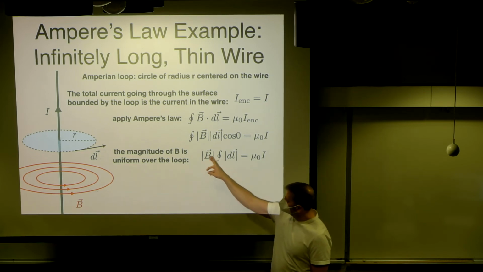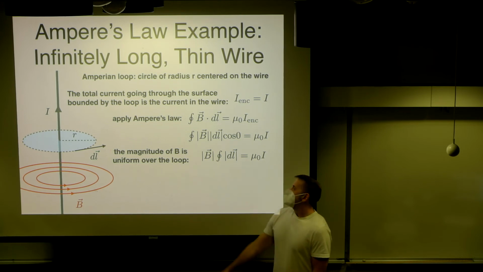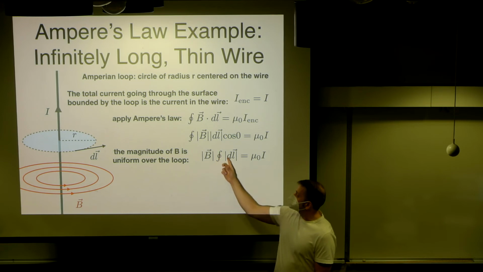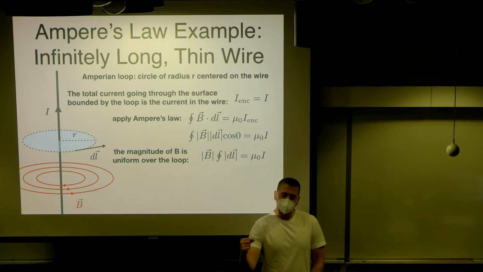When something's not changing, it's constant, you can pull it out of the integral, right? So we're just left with integral dl. Remember, if we integrate over all the little bits of distance along the path, we just get the full distance of our path. And what is that? Circle, 2 pi. Yeah, so it's a full circle now, 2 pi r. Yeah?